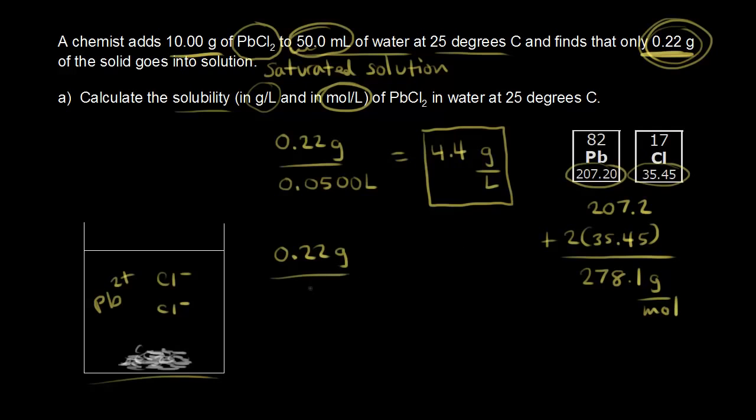So if we divide grams by 278.1 grams per mole, our grams would cancel, and we'd get 1 over moles inverted, so this would tell us how many moles. Let's get out the calculator.